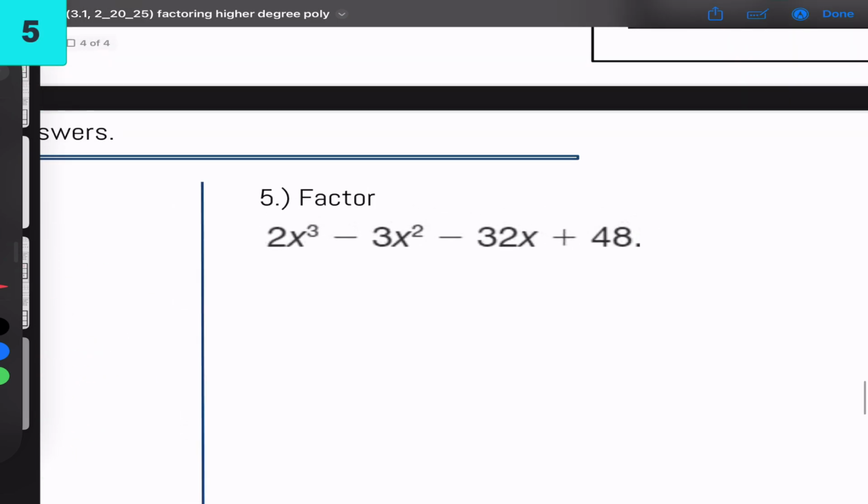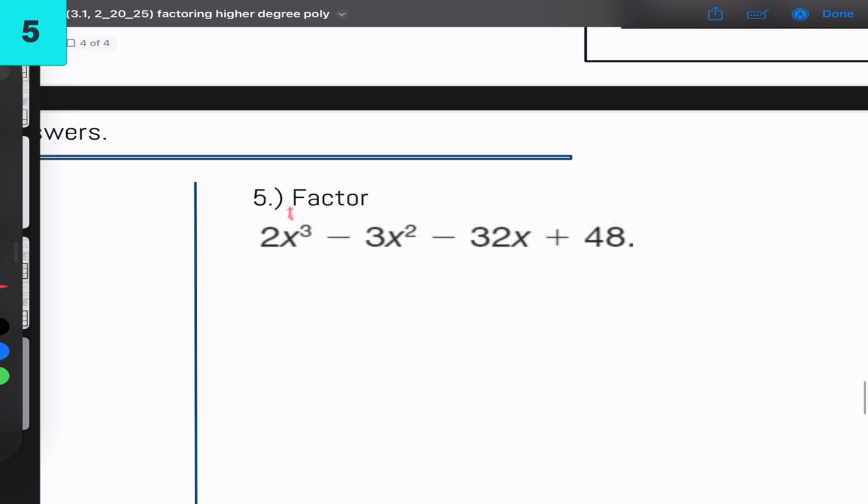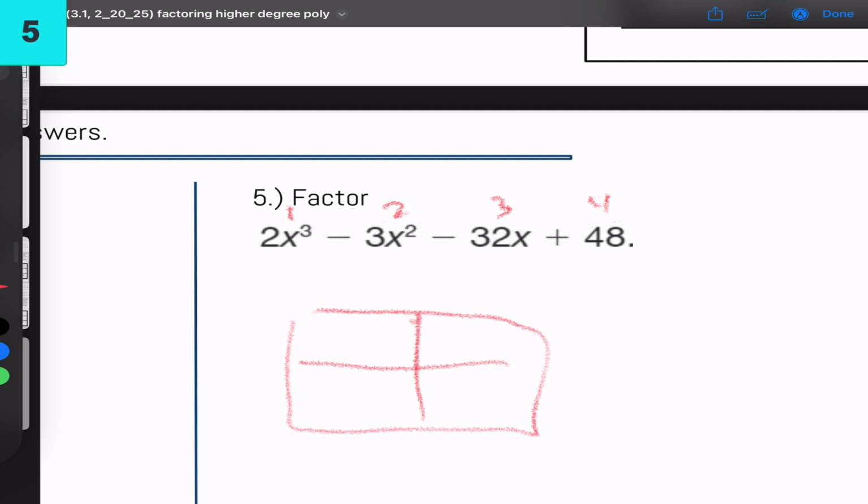Number 5. Let's count the number of terms. 1, 2, 3, 4. So 4 terms tells us to put it into a box. This problem has no GCF because they all don't have an x, and 2 and 3 don't have anything in common.